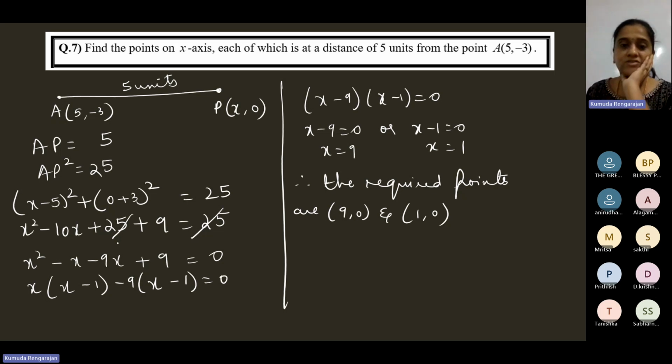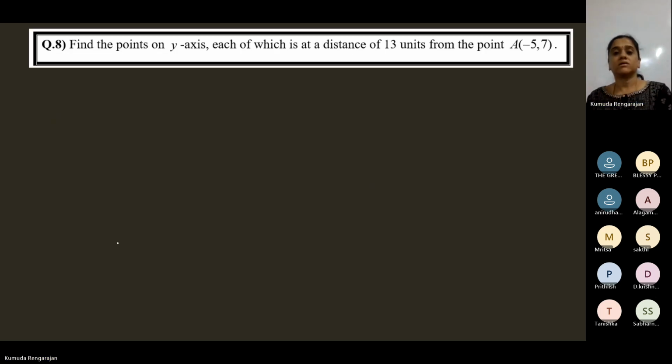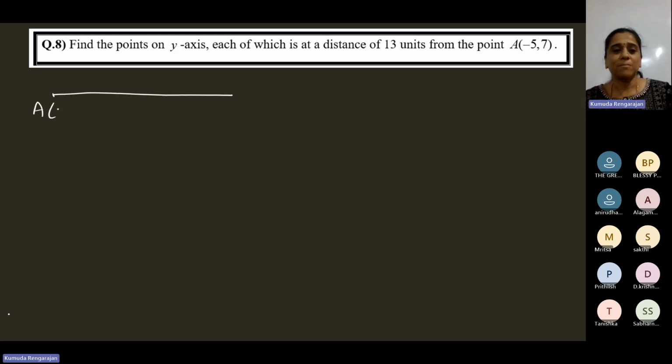Done, children? Next one. Find the points on y-axis, each of which is at a distance of 13 units from the point A minus 5 comma 7. Okay, so point A minus 5 comma 7. And we know that every point on the y-axis is of the form 0 comma y.